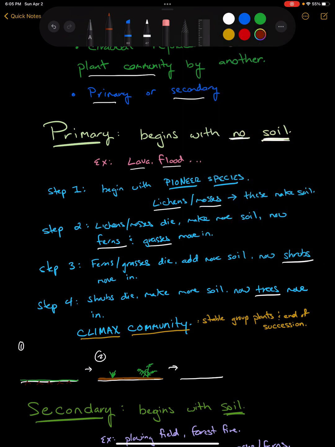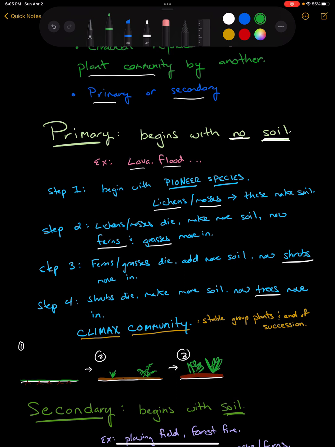And when they die, that's going to add to my soil level. So now my soil level is going to get a little thicker. And when my soil level gets a little thicker, then I can start having shrubs move in. I can have bigger plants, right?